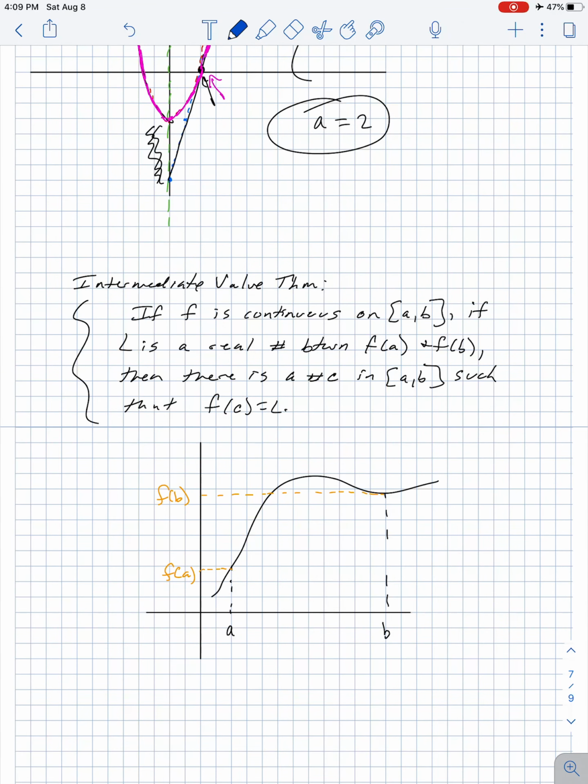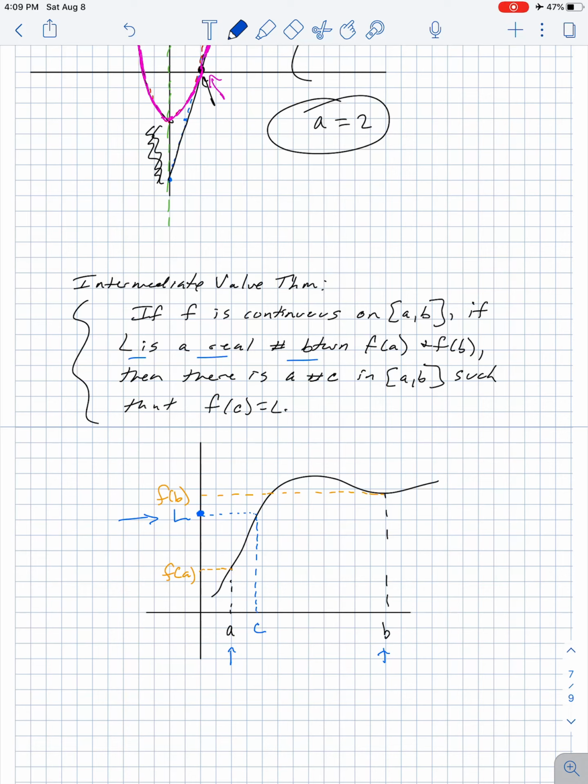And it can be any number. Let's just say this here. It can be anywhere. We're going to call that L. What the theorem says is that if this black function is continuous, and you pick a number here between these two, then there is some number that correlates to that on the x-axis. We'll call it C. And C is between A and B.